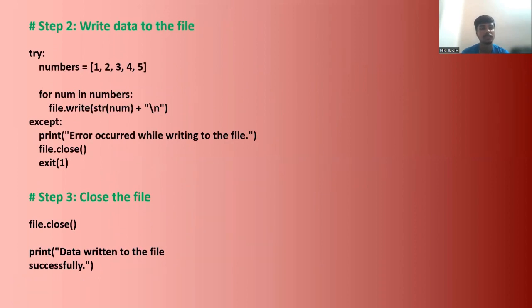Try: numbers. Here we are using a list. So the numbers we will give as square brackets 1, 2, 3, 4, 5. For num in numbers, file.write string of num plus \n. Except: print error occurred while writing to the file. File.close.